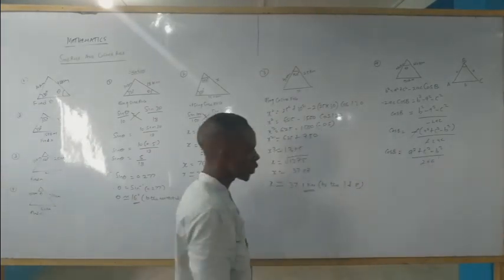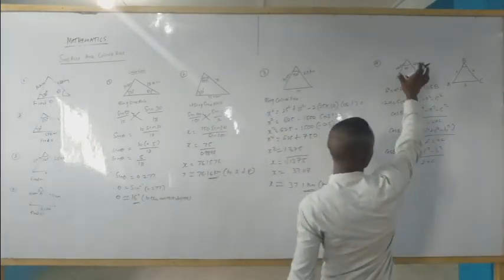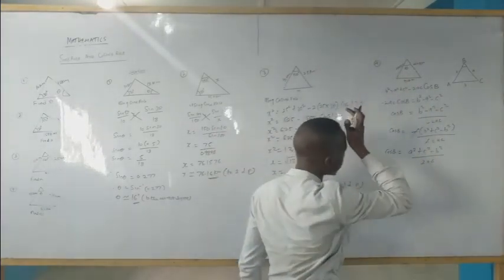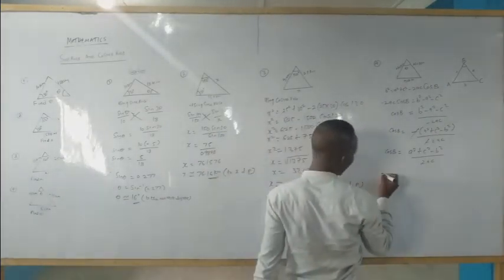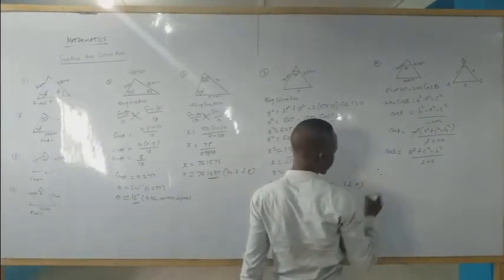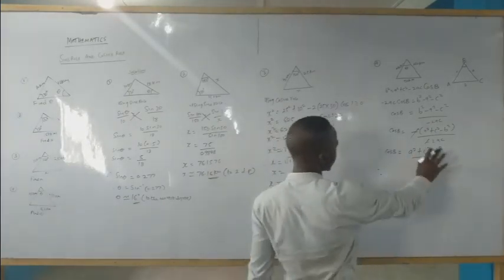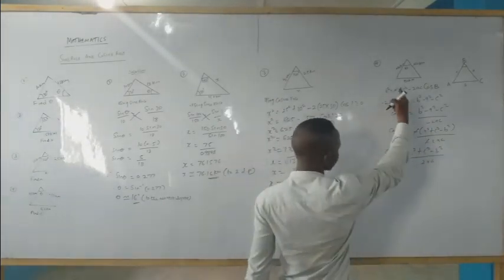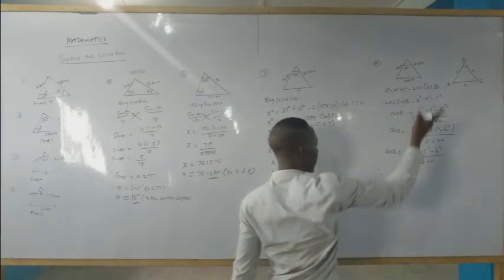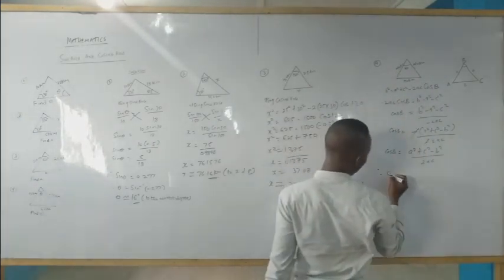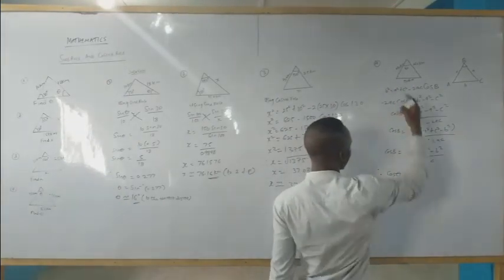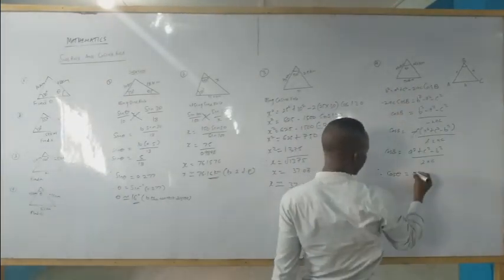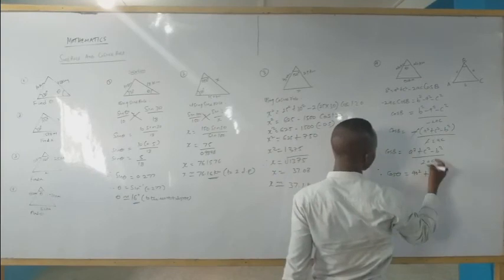So for this question, we are asked to find theta. Therefore, from the question above, we have to find theta. We assume all these three are the given sides. So cos theta is equal to a squared. Let's assume our a is 40, squared, plus c squared.